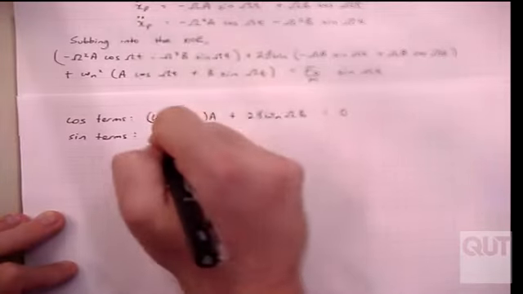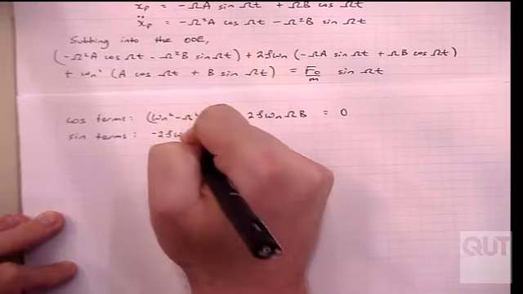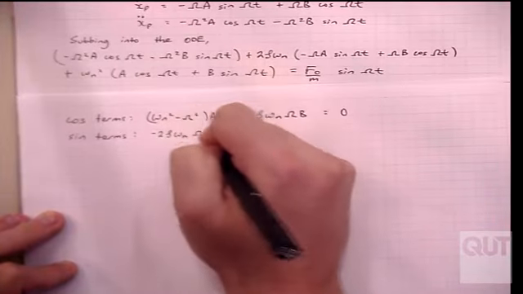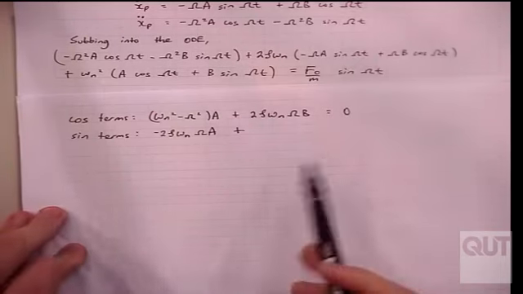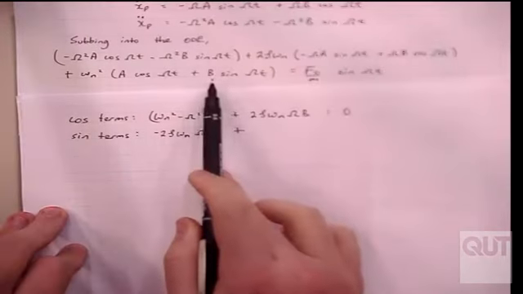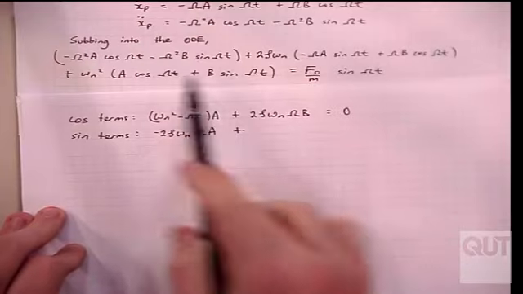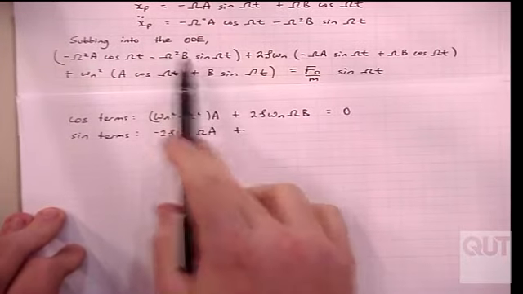So looking at the sine coefficients with an A in them, there's just this one here, negative 2 zeta omega n omega A. And then looking at all the sine coefficients that have a B in them, there's this omega n squared B, which is positive, and then there's this capital omega squared B, which is negative.